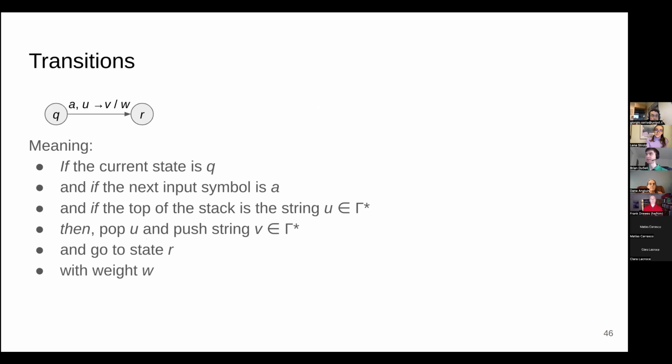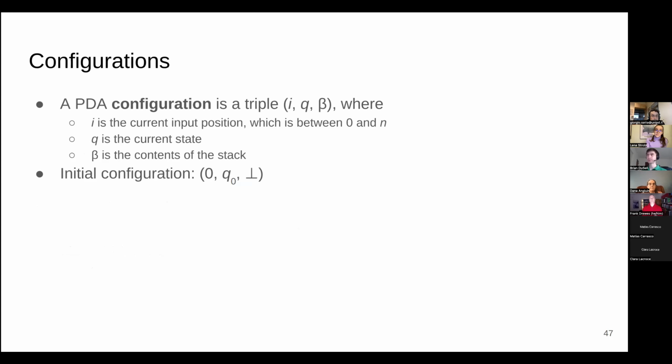All right, I talked about transitions a bit already. The meaning of a transition like this is that if the current state is Q, and if the next input symbol is A, and if the top of the stack is the string U, then pop U and push the string V, go to state R, and do all this with weight W. I want to go over a couple of definitions now too.